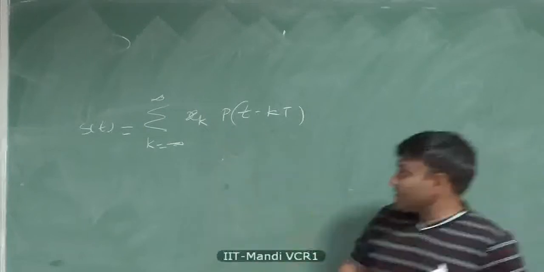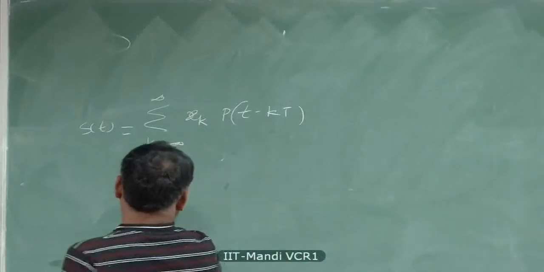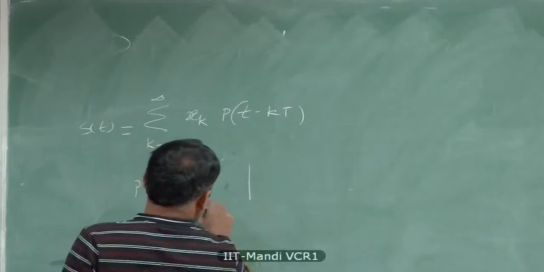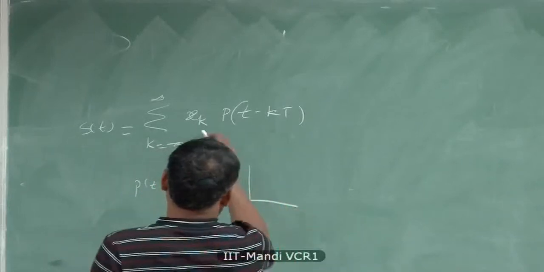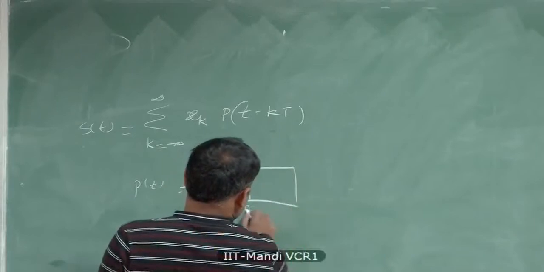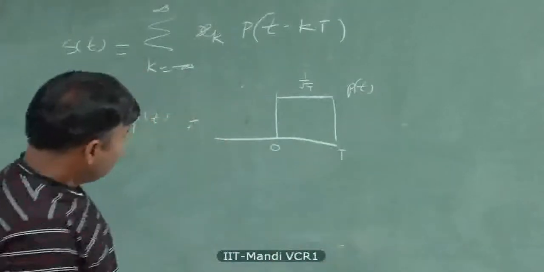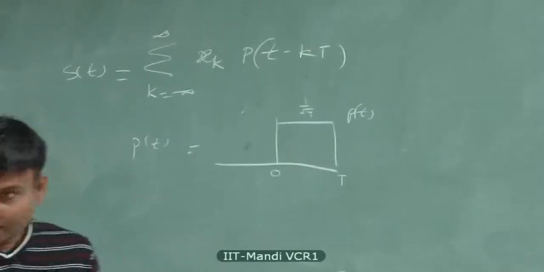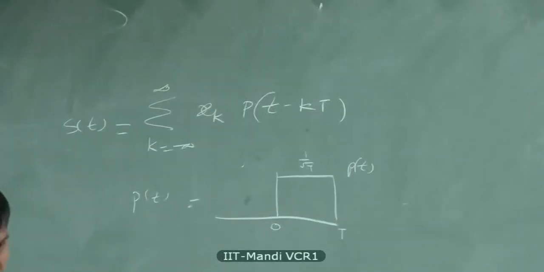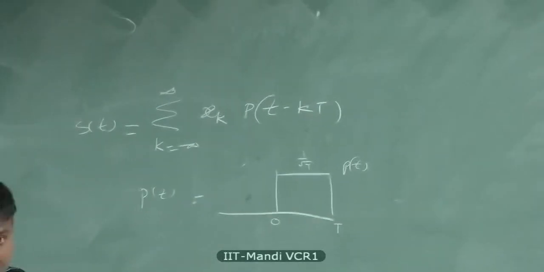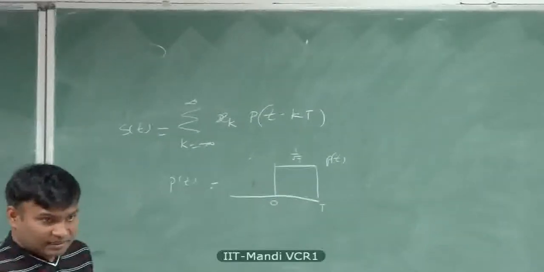So if it is, maybe we'll just normalize the total transmit energy to unity. So this could be one form of p(t). This is what you probably assumed when you did digital communications, BPSK, QPSK, right?